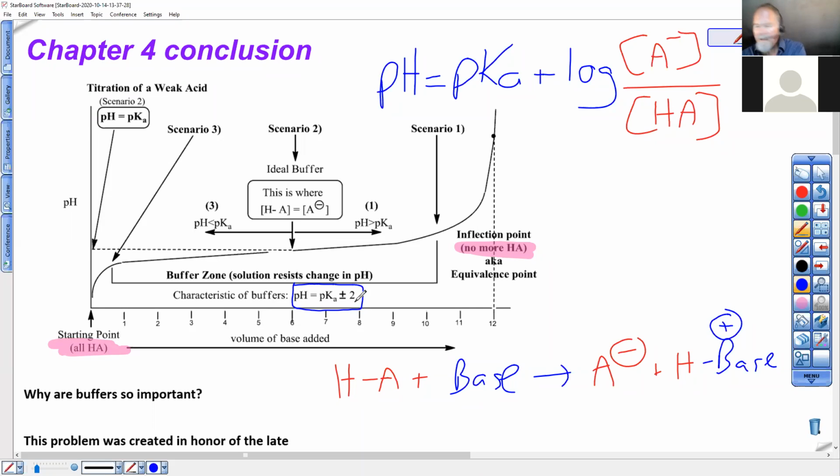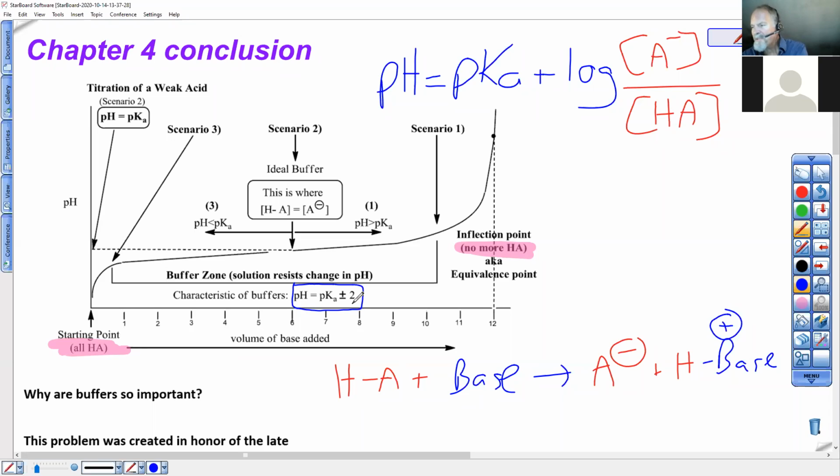Another example would be a mixture of an ammonium ion and its conjugate base, an amine. An ammonium ion has a pKa of 10. You could make a buffer of that mixture anywhere from pH equals 8, which is 2 below 10, all the way up to 12, which is 2 above 10.